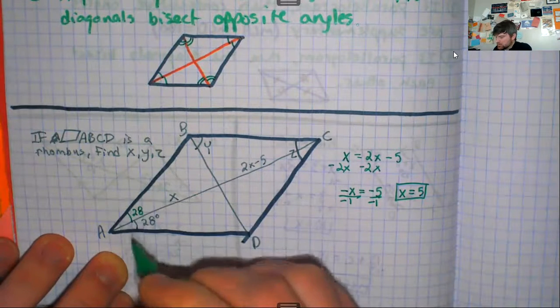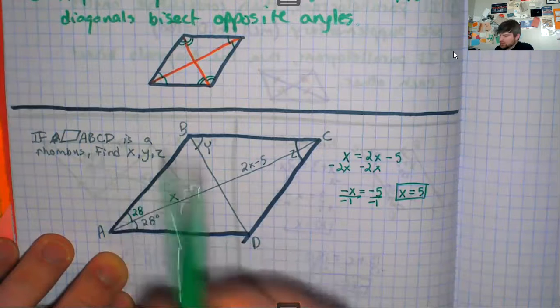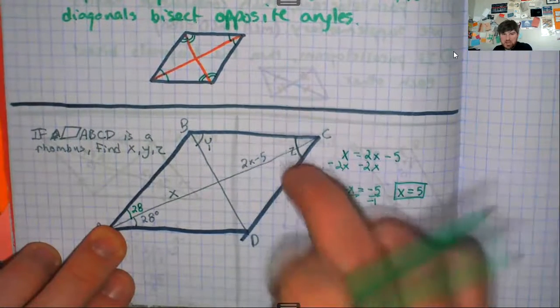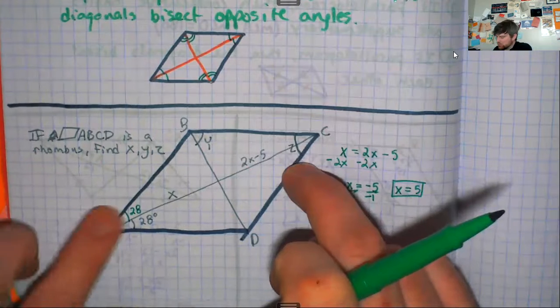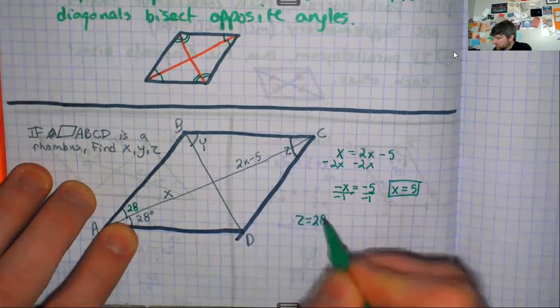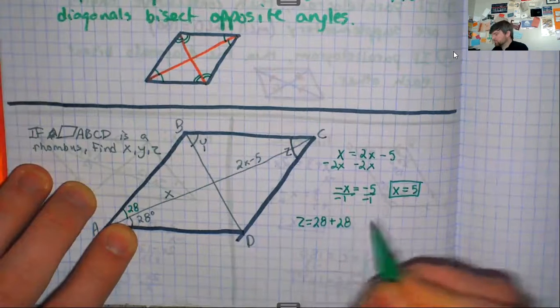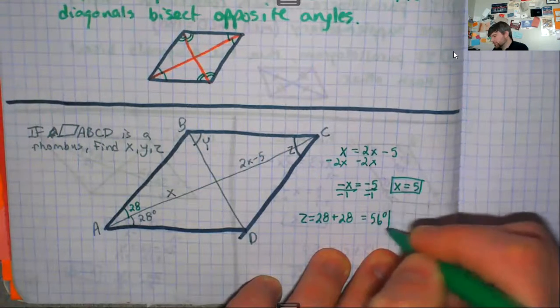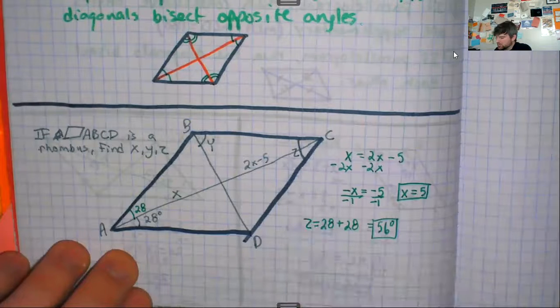And because a rhombus is a parallelogram, these opposite angles are the same. So Z actually equals 28 plus 28, which is 56 degrees. So Z is 56.